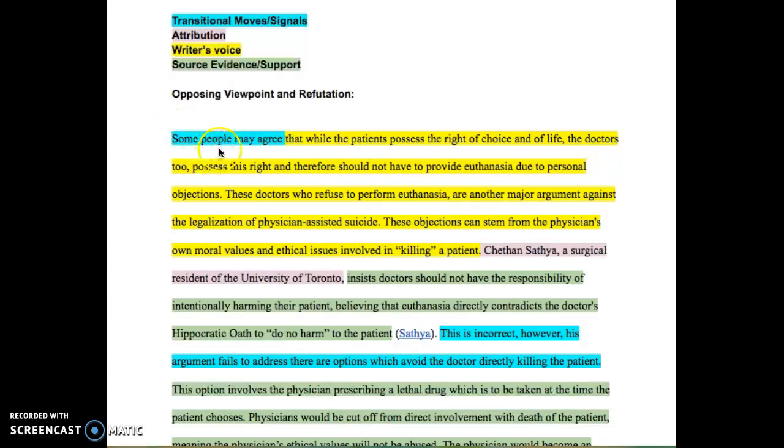Be a little bit more specific than "people." But in this case, we have this transition into opposition, and then in the writer's own voice, examining this idea that while the patients possess the right of choice and of a life, the doctors possess this right, and therefore should not have to provide euthanasia.